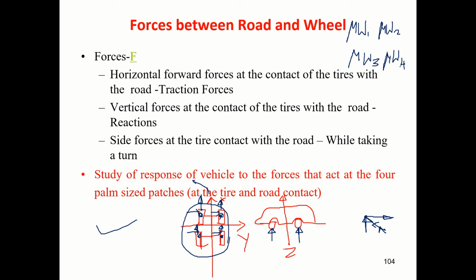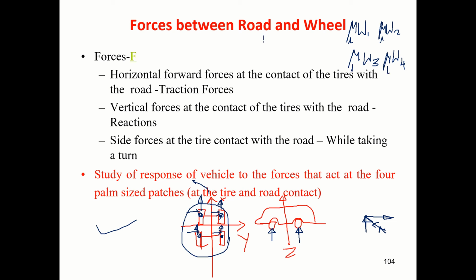W1, W2, W3, W4 are vertical loads. Let us say mu is the road friction. Based on that, you can calculate what the traction forces are. Same way, mu L, if you multiply, then you can calculate lateral forces.